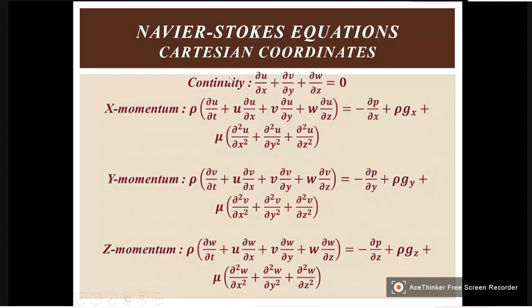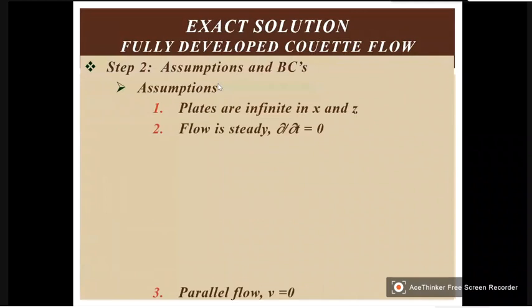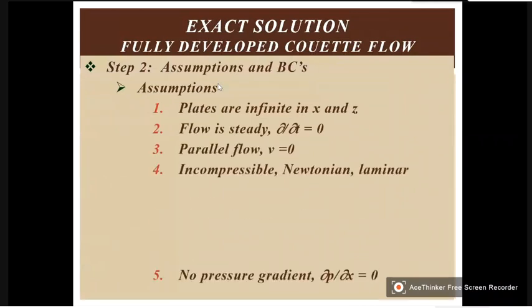So only when we assume the flow to be incompressible, that rho can be brought outside. So that is the fourth assumption.